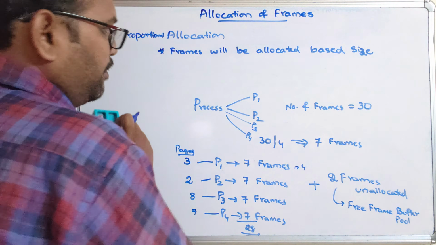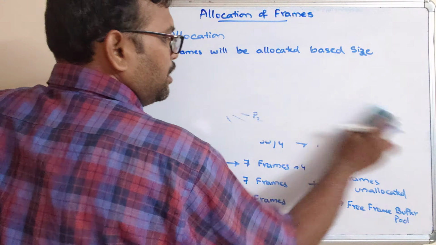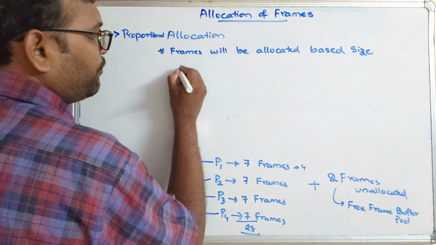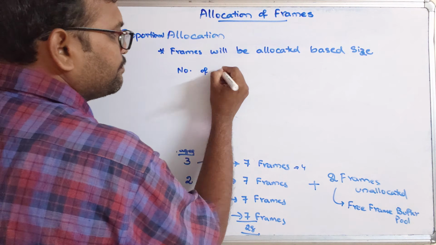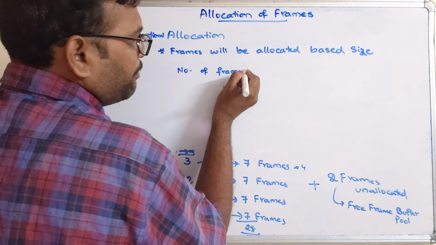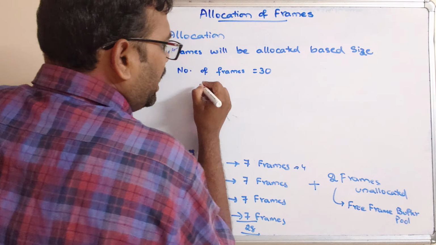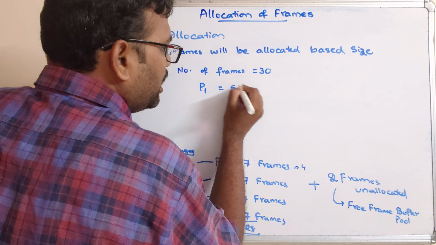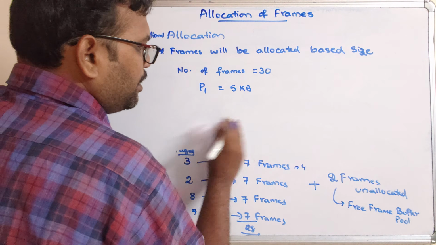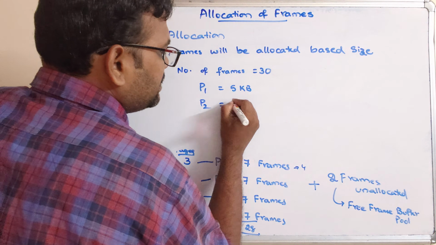For example, if you take the same thing, the number of frames is 30, P1 size is 5 KB, and P2 size is 10 KB.